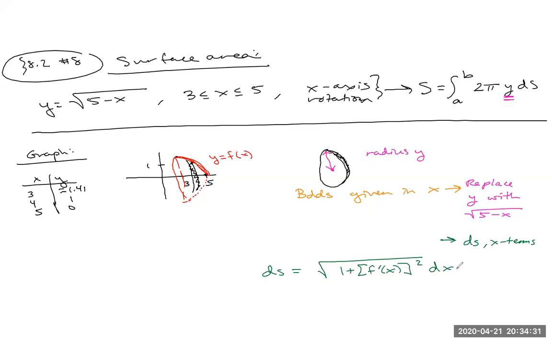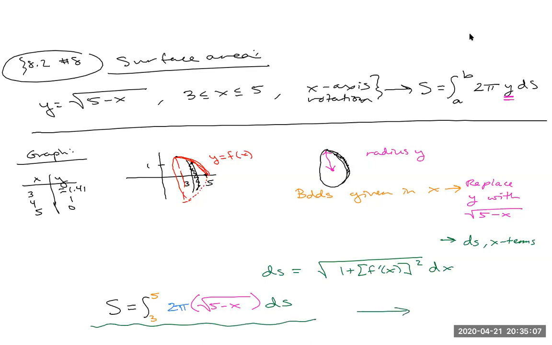So let's just put together what we have so far. S equals, for our bounds, we have 3 to 5 for x. We have the 2 pi still. We discussed why you're going to replace y with root 5 minus x. And then this ds part is going to be here. Okay, let me save.